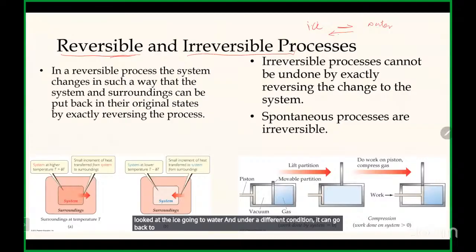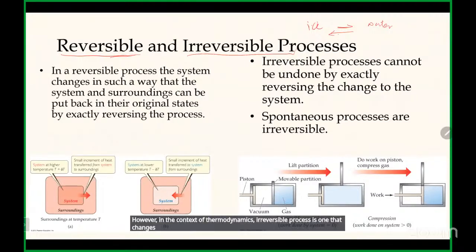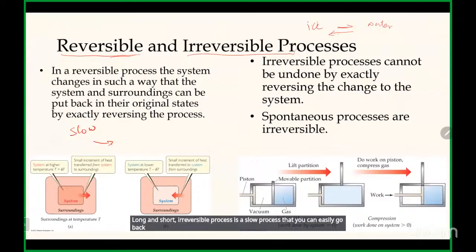However, in the context of thermodynamics, a reversible process is one that changes in such a way that the system can be put back in its original state. Long and short, a reversible process is a slow process that you can easily reverse to your initial state. An irreversible process cannot be undone exactly by going back the way you came from.